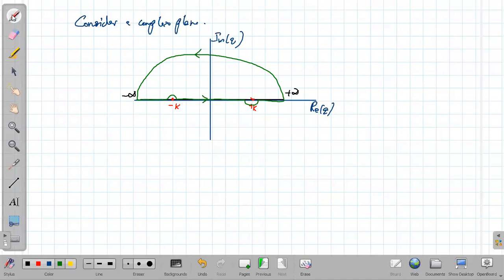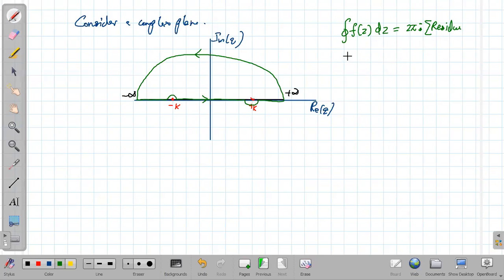So instead of integrating over the real line, we'll integrate over the complex plane, and that would be a closed contour. If you are integrating a complex integral f of z dz over the closed loop, then it would be equal to 2 pi I times the sum of residues.